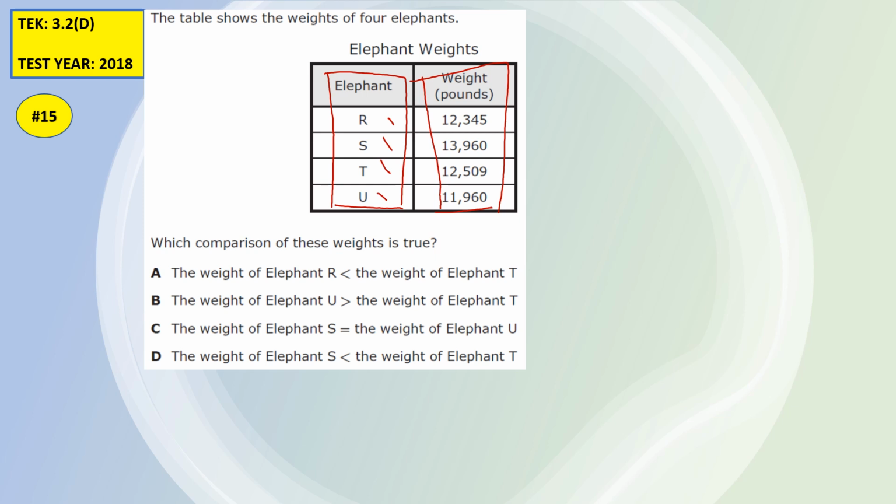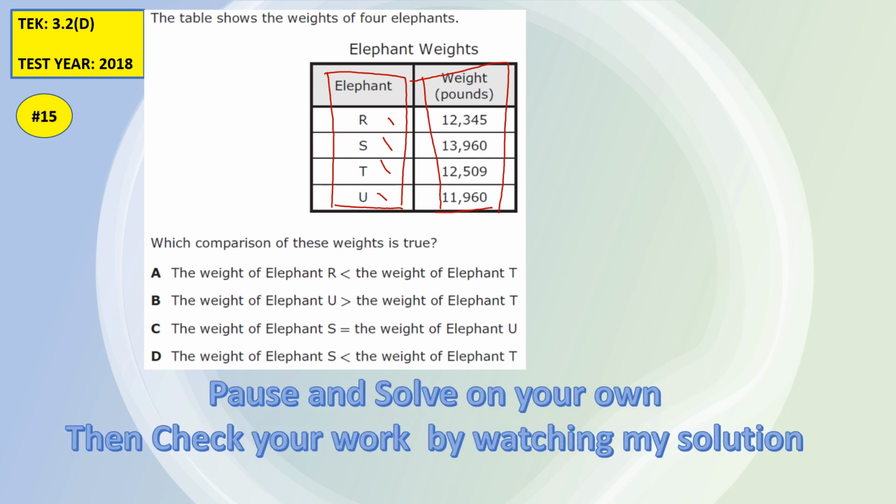Answer choice A says the weight of elephant R is less than the weight of elephant T. Answer choice B says the weight of elephant U is greater than the weight of elephant T. Answer choice C says the weight of elephant S is equal to the weight of elephant U. And answer choice D says the weight of elephant S is less than the weight of elephant T. Go ahead and pause the video and solve the question on your own. Then you can check your work by watching my solution.